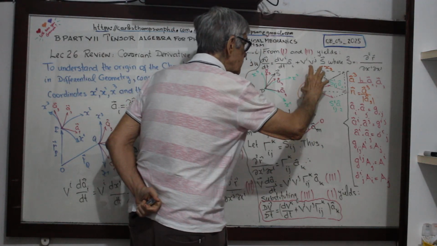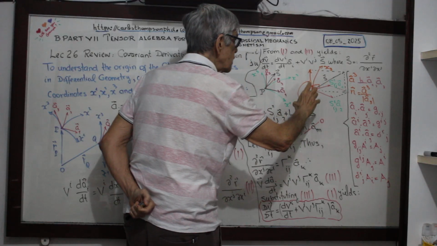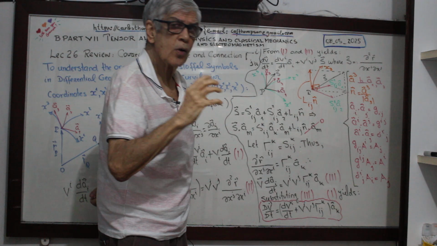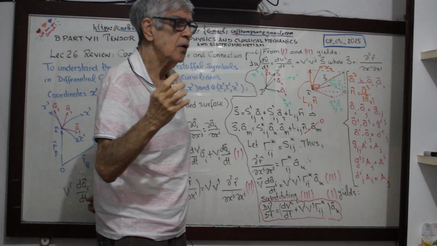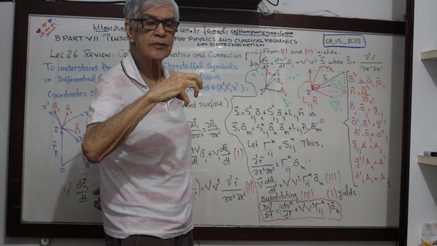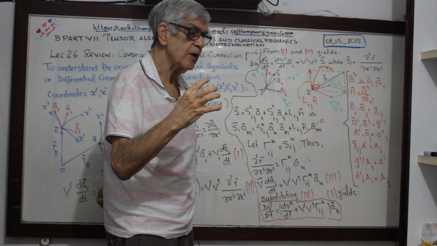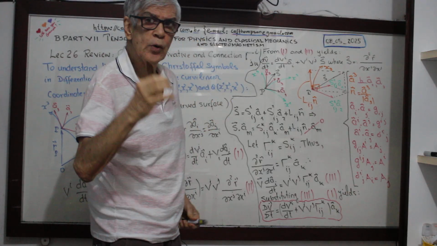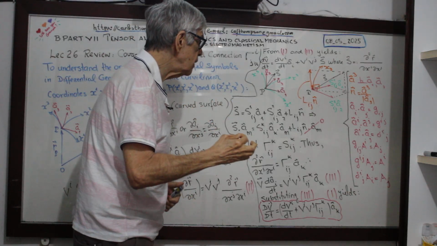Now, why is this important? Because we always work with covariant and contravariant coordinates. The contravariant coordinates are x^1, x^2, and x^3, okay?